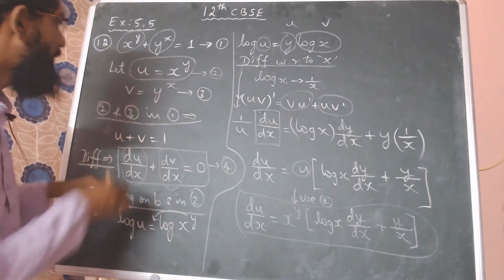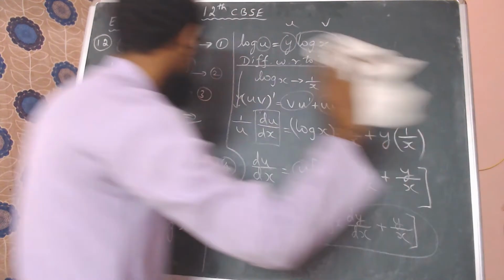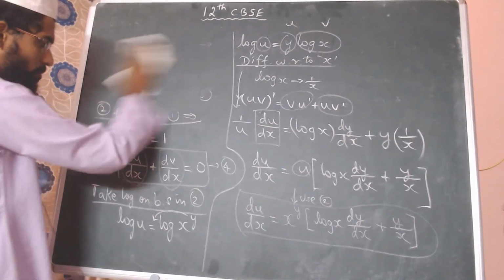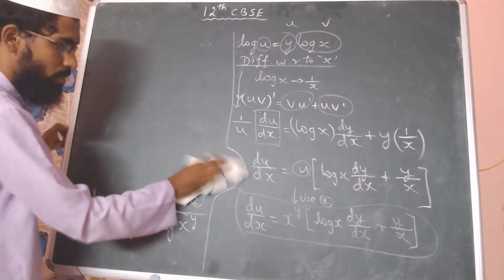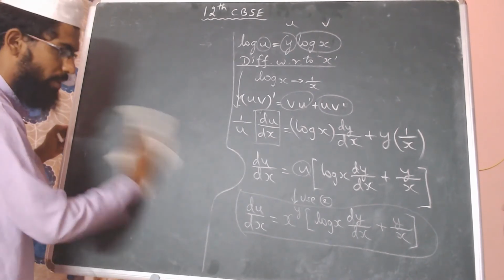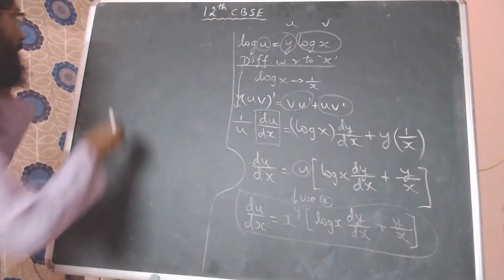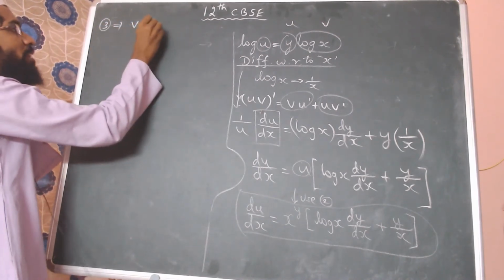Now let me find dv by dx with the help of this. Equation 3 is v equal to y power x.